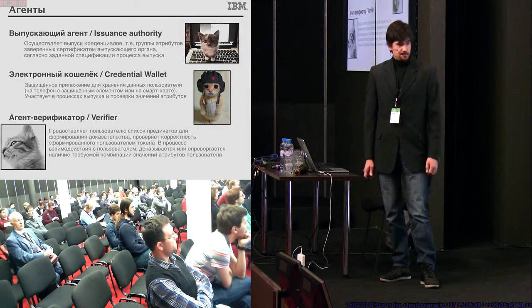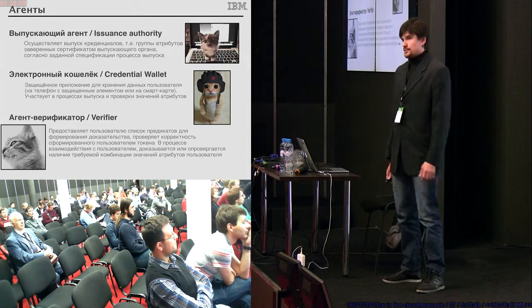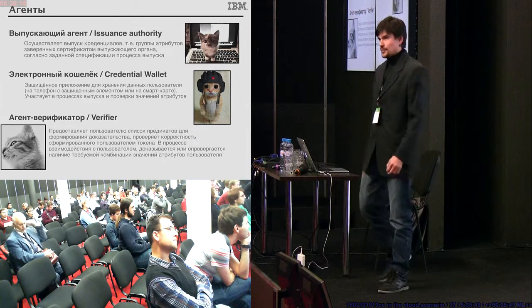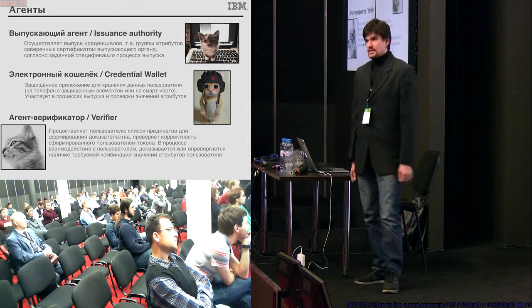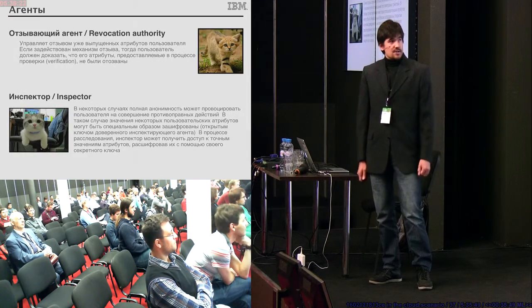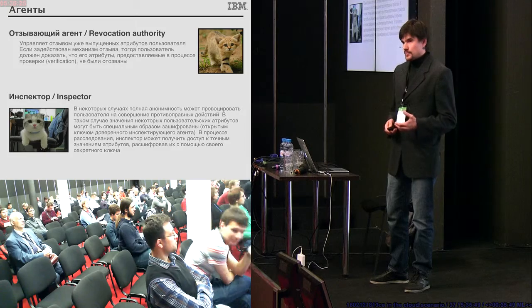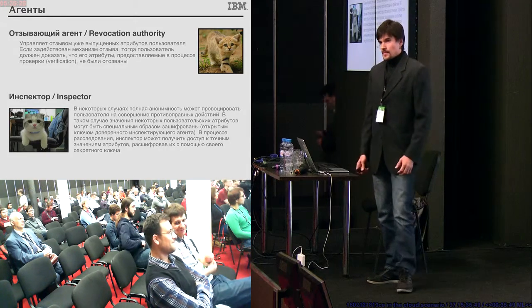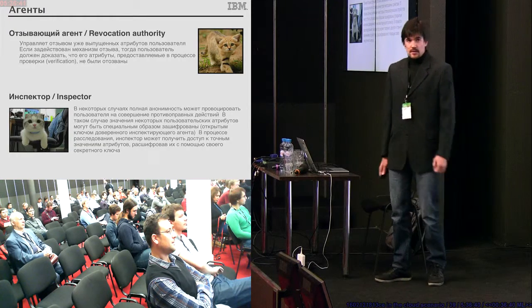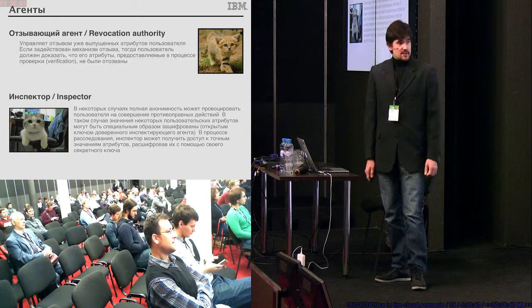The verifier confirms that you have the right of access to the required resource in accordance with the current policies. We also have a revocation authority that could publish information about wrong or inactive personal data, and that data wouldn't be used for verification.